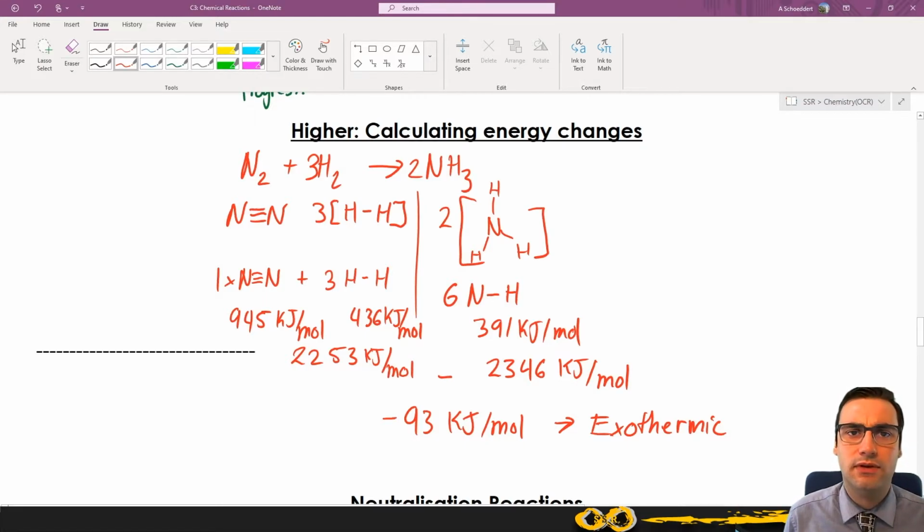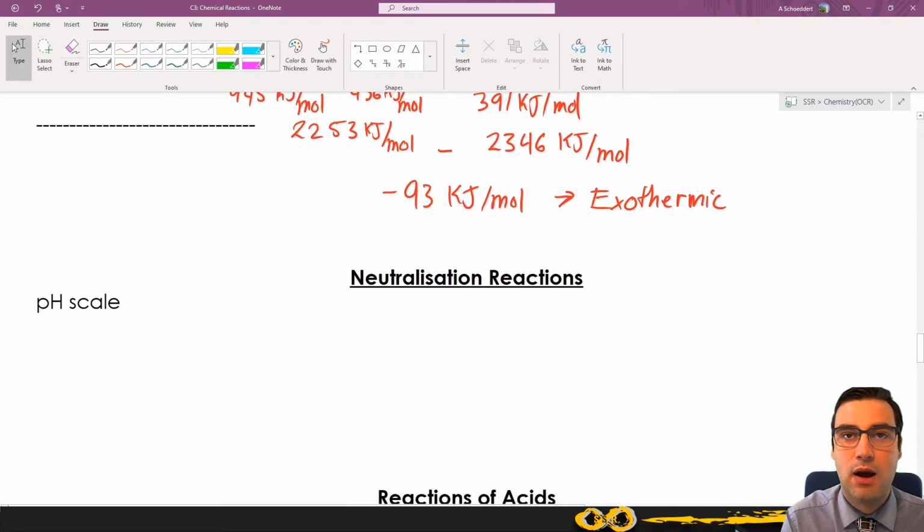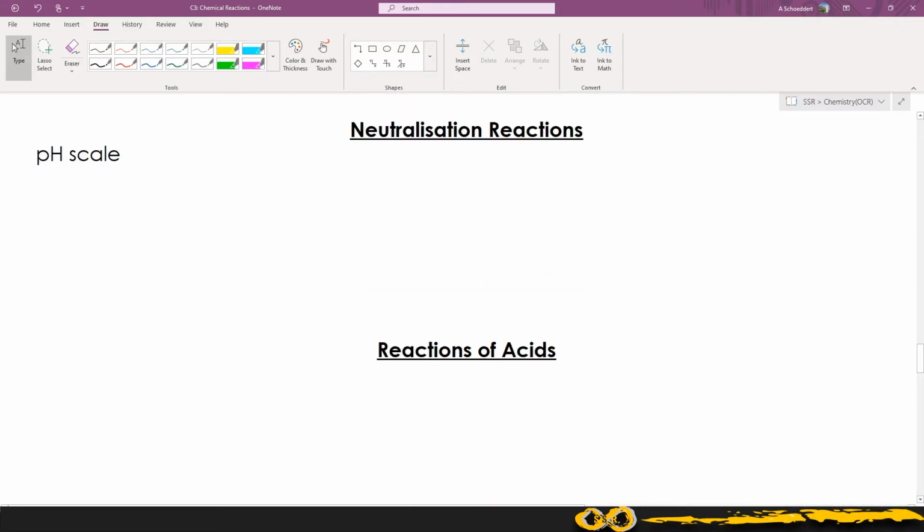We now have enough information that we should be able to start to look at different types of reactions and how those reactions occur. We'll begin with the classic reactions between our acids and alkalis. Before we do that, we need to understand the pH scale.